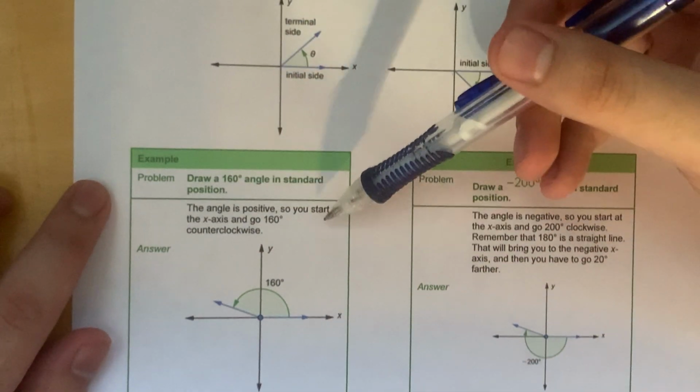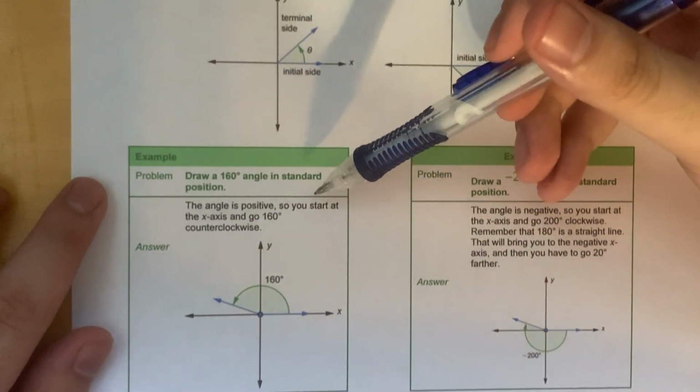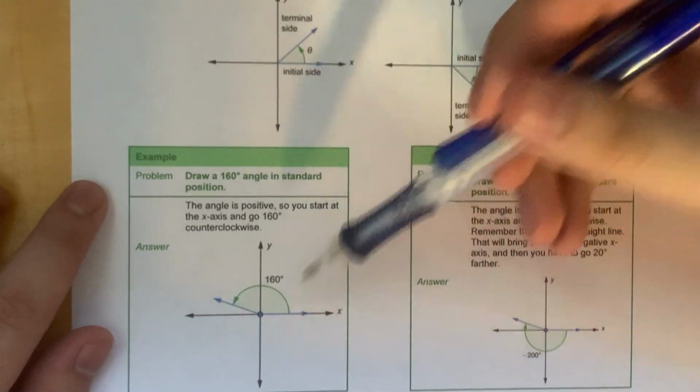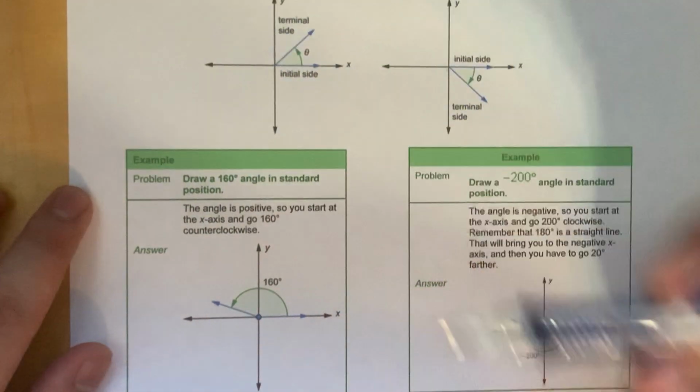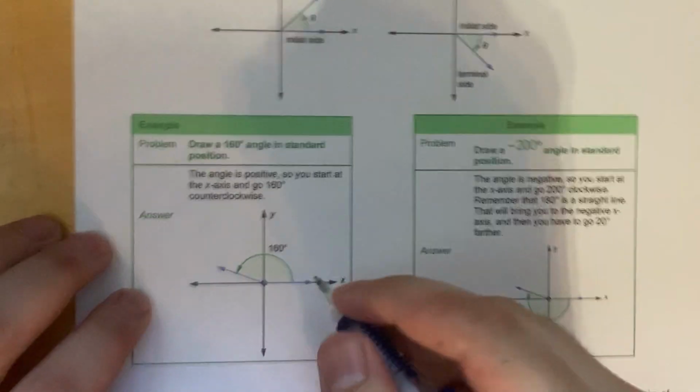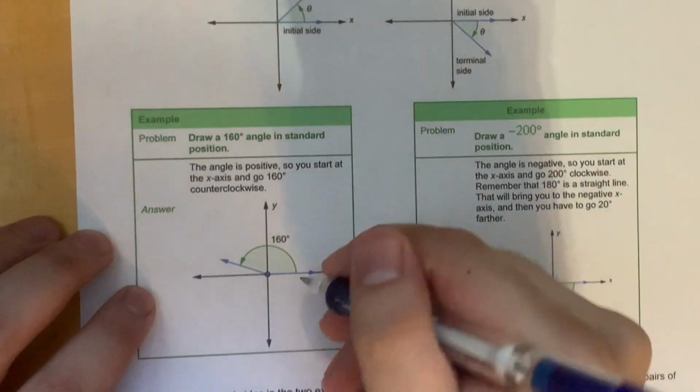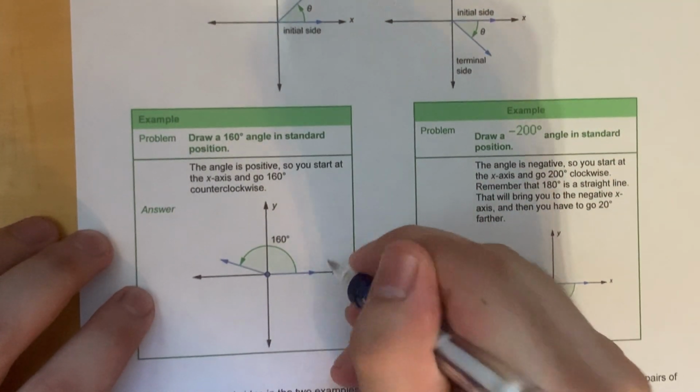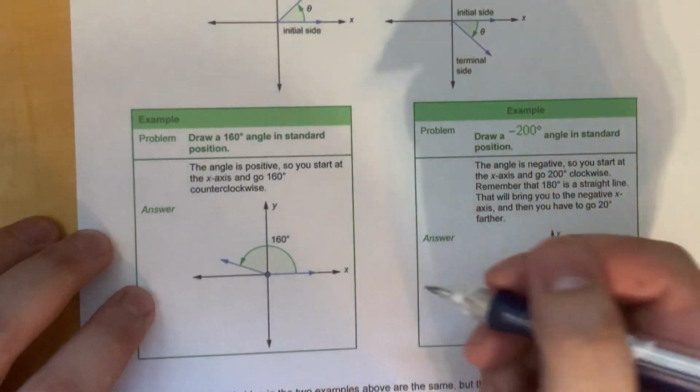So 160 degrees, this is just telling you where we start when we're measuring angles on the unit circle. So if we're going to go 160 degrees, we start from this side, quadrant 1, and we go counterclockwise.